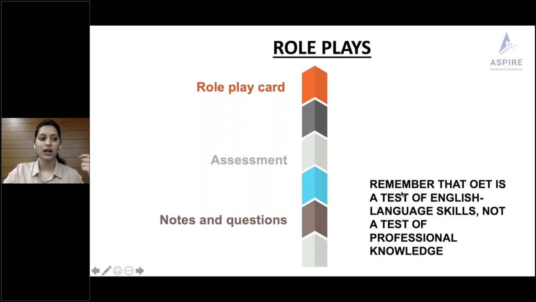You will be given keywords as to what points you should mention. So you don't need to know the management per se, because they will mention it in the form of notes in the role play card itself. So just make sure you cover those.